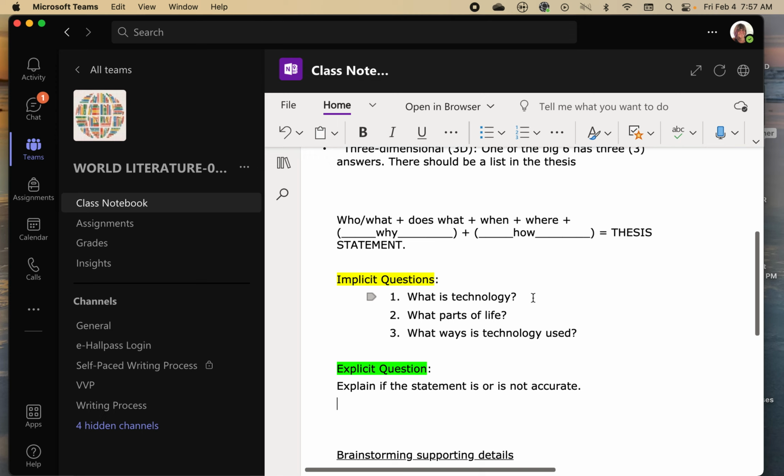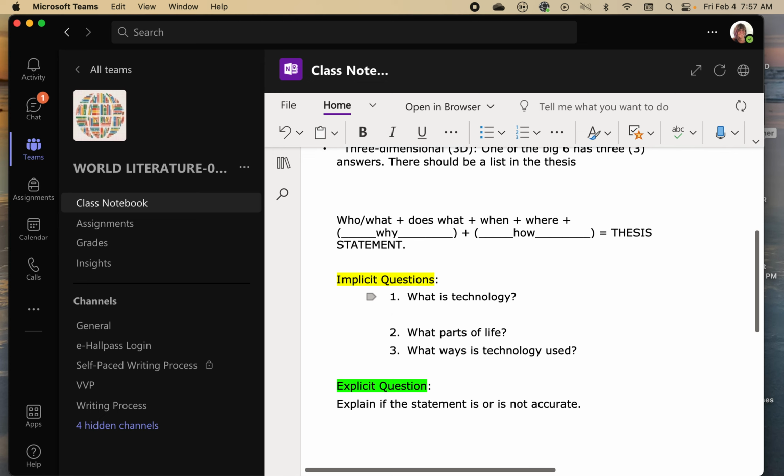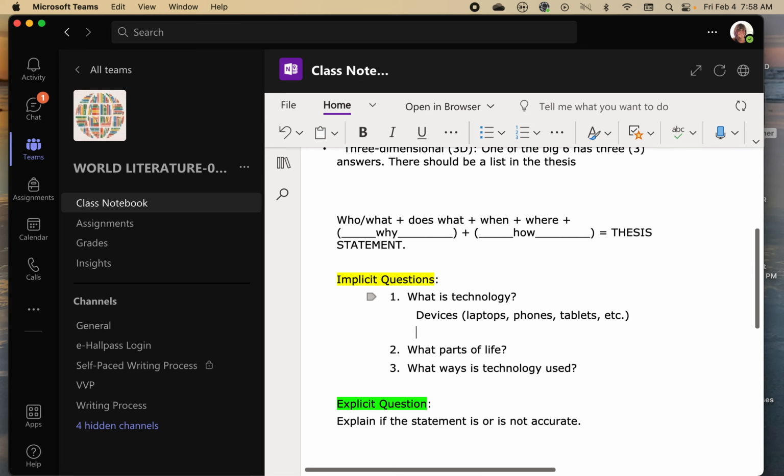Okay, so what is technology? I would start breaking that down into answering that question, like just giving a bulleted list. I wouldn't do sentences. I might do technology can be the devices like laptops, phones, tablets, etc. It might be the applications.